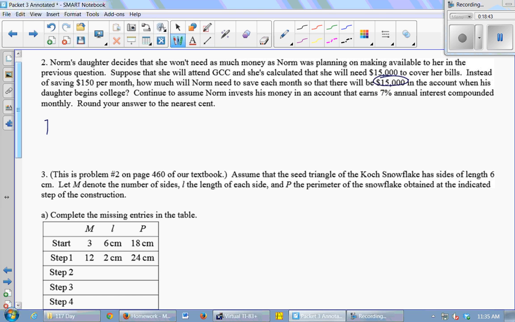So I'm going to write down my formula. F equals P times 1 plus little p to the T minus 1 over little p. Okay, so now this time I'm going to replace F with 15,000. P is what I want to know. What's my payment amount?